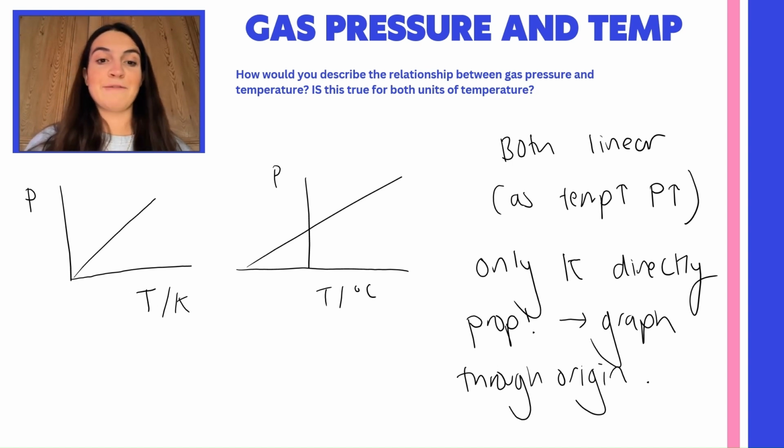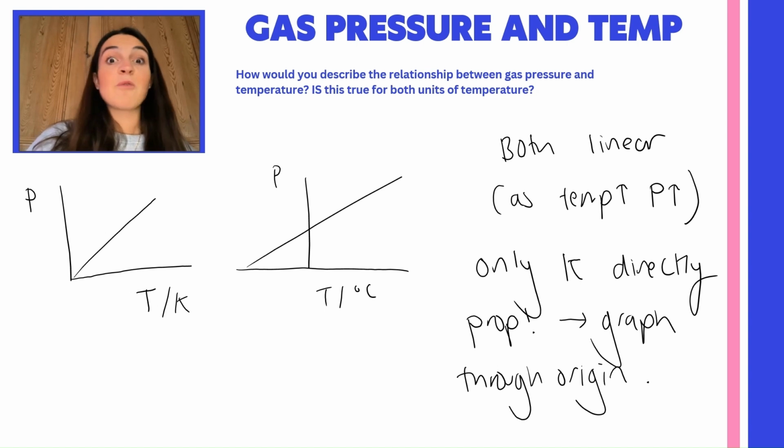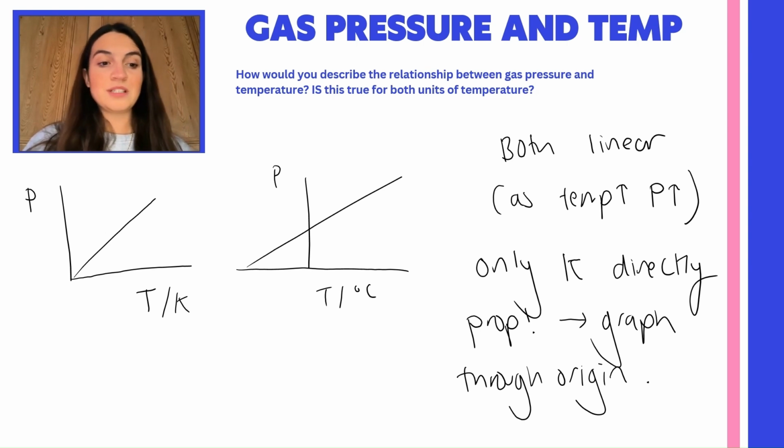So that's the difference. And remember that the graph crosses the x-axis for degrees Celsius at minus 273 degrees, which is absolute zero, 0 Kelvin, which is why your pressure temperature graph in Kelvin goes to the origin at 0 Kelvin.